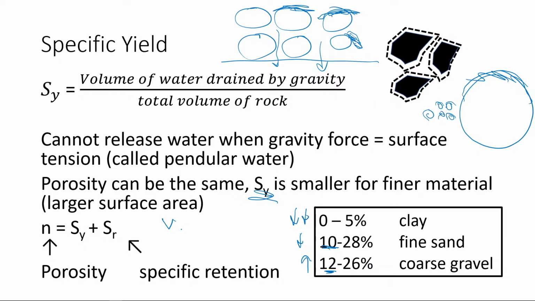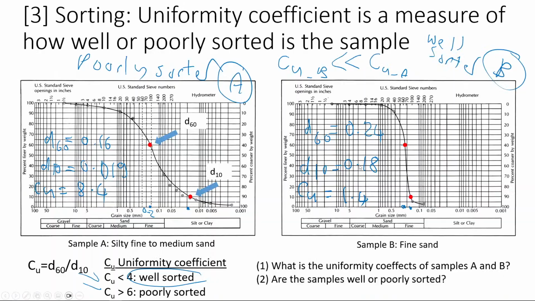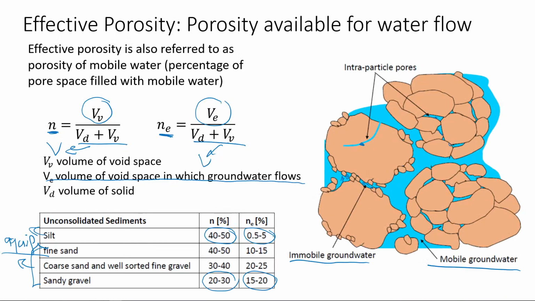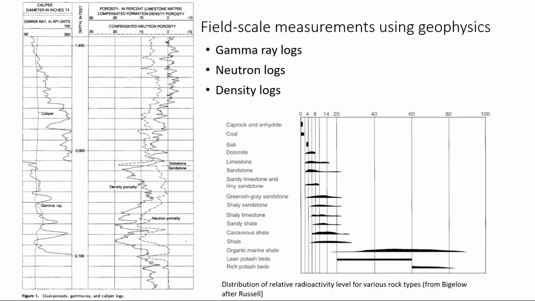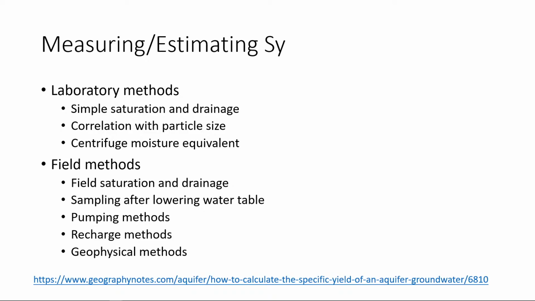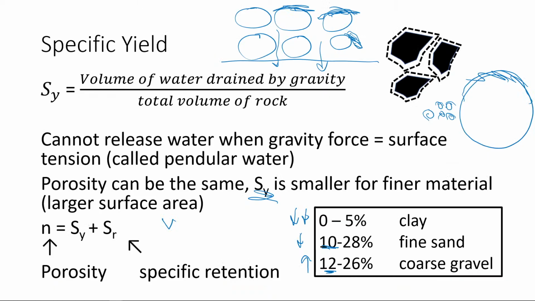of, what name did we give it here? I have a name for it, just to be consistent here. V, no, yeah, VE. So here, this would be the specific yield, that is the volume of, let's call it E, mobile water.